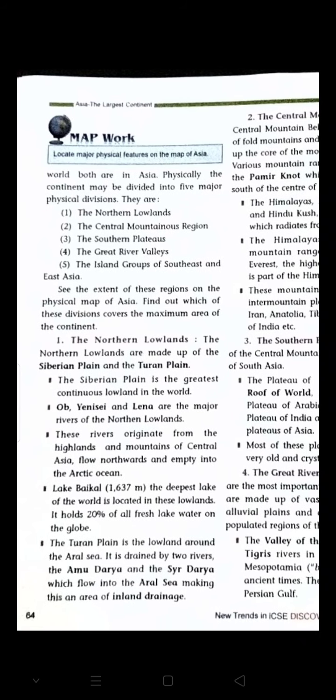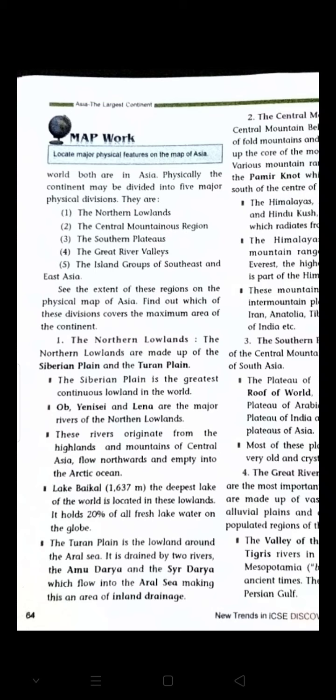Okay, we come to the next page, page number 64. Both are in Asia. The highest peak in the world is in Asia, and the deepest lake is also in Asia. Physically, the continent may be divided into 5 major physical divisions.